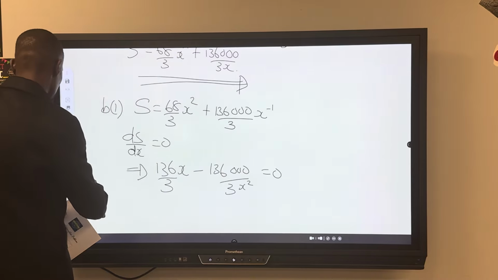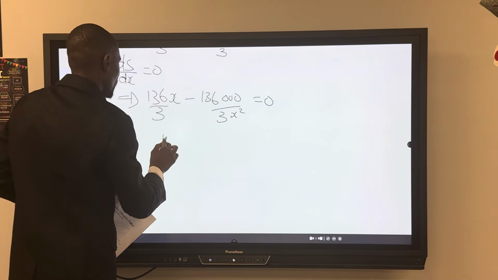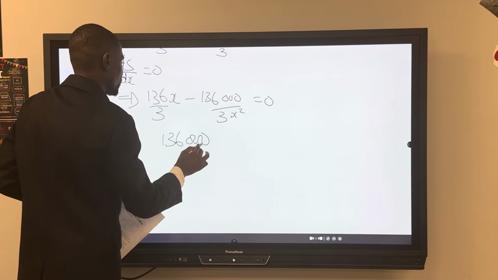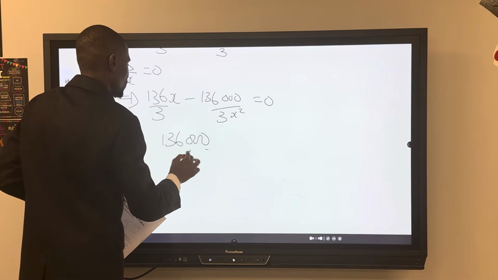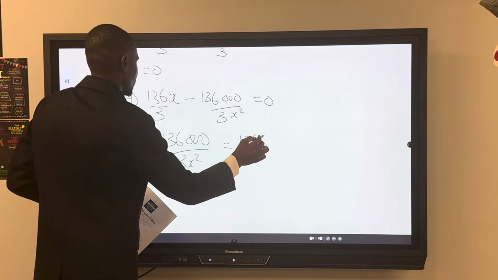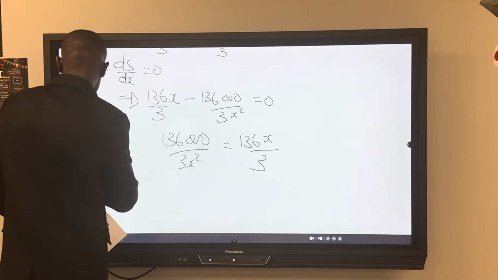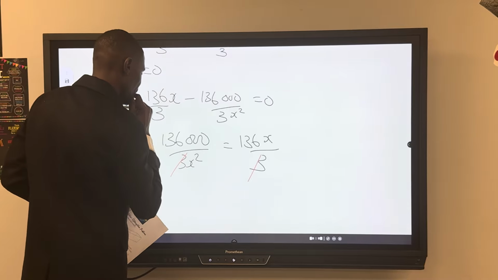So this is what I'm going to do. It's going to be 136,000 over 3x squared is equal to 136x over 3. So the 3 here will cancel out.